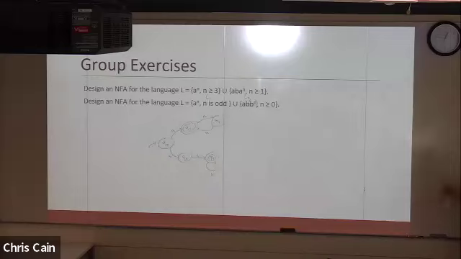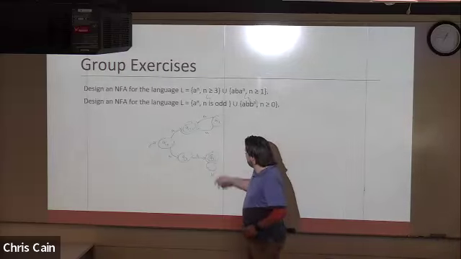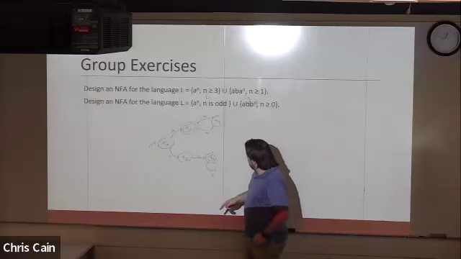Questions on design of NFA? Why can't we run a B edge out of Q1 to Q4? If we did this as a B, why can't we do that? Actually, that would work.